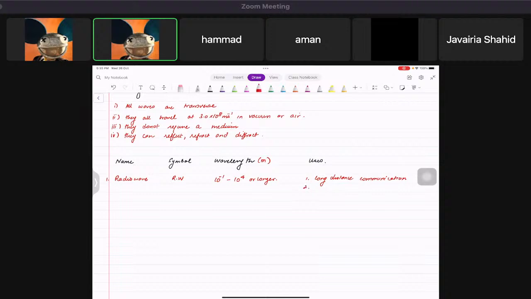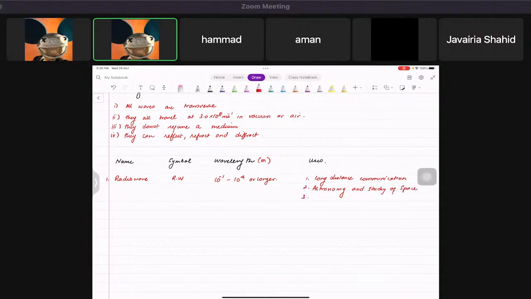Number two, they're used in astronomy and basically study of space.